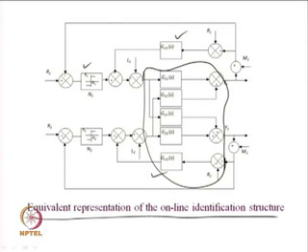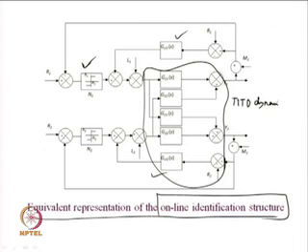So, that is the beauty of this scheme. When the online identification scheme is shown in equivalent form, it is apparent from this figure that the relay is basically controlling the TITO dynamics subjected to two inner feedback controllers. And what is the benefit of putting inner feedback controllers?